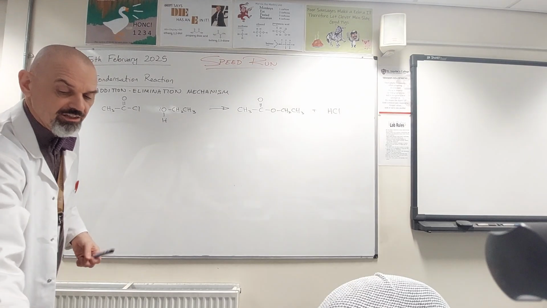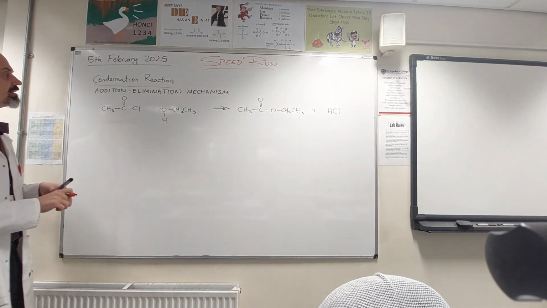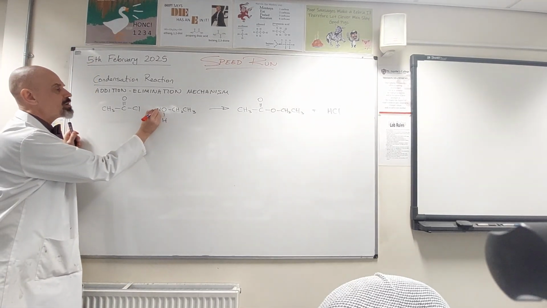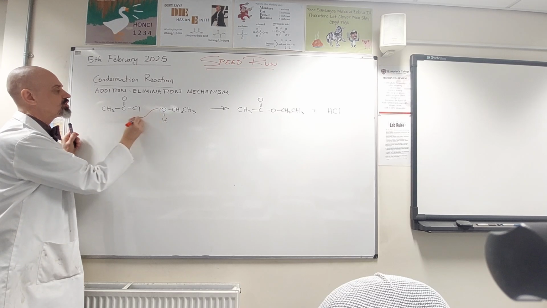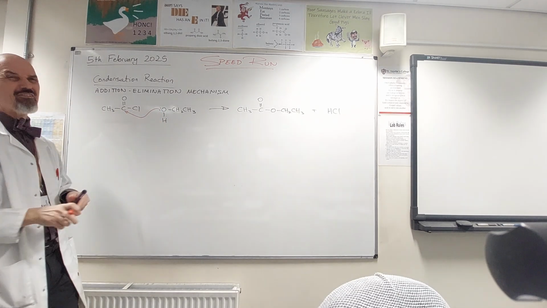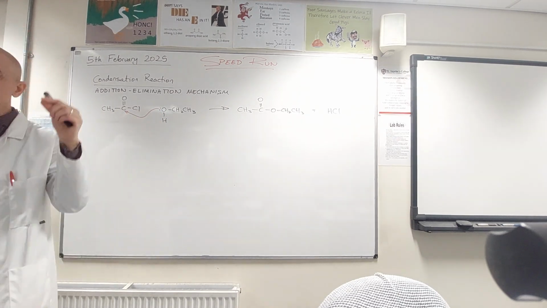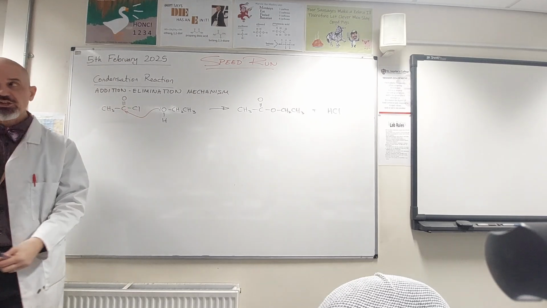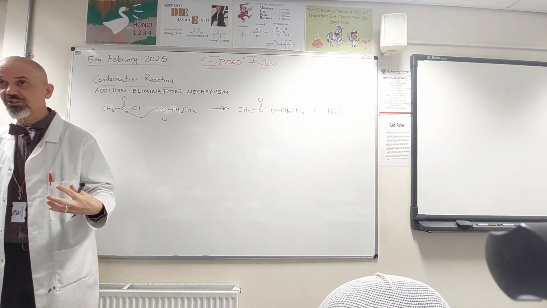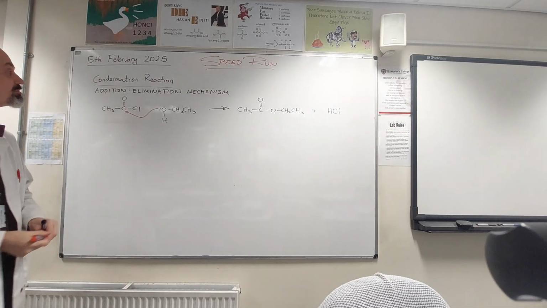The way this goes is the lone pair of electrons on the oxygen there is attracted to the very delta plus carbon. It's got two electronegative groups, the oxygen and the chlorine, withdrawing electrons. So that's going to pull in the lone pair of electrons.